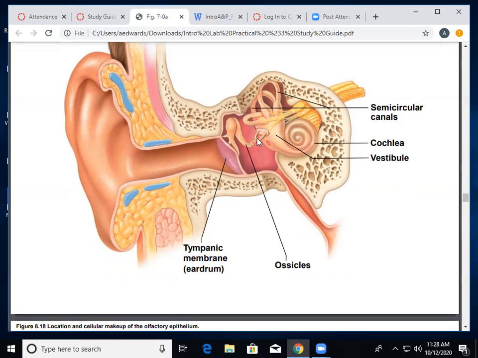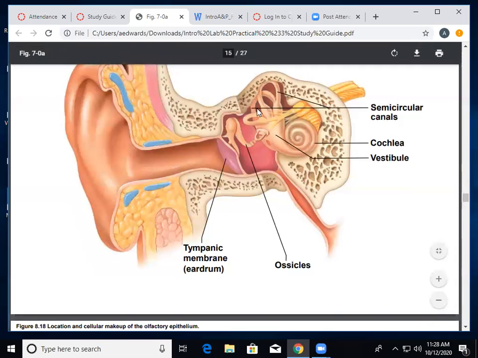That's going to send signals to your semicircular canal. It's called semicircular because you have these three semicircles, right? So from there, information goes to the vestibule, the cochlea, and then on to this vestibular cochlear nerve.